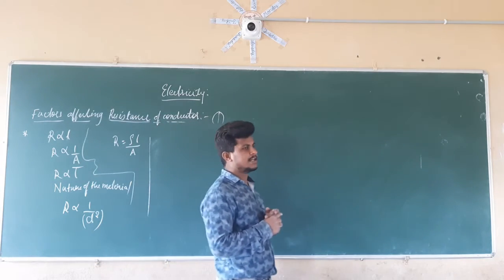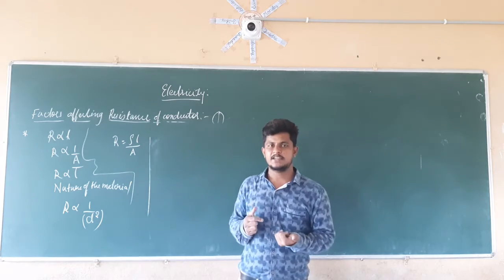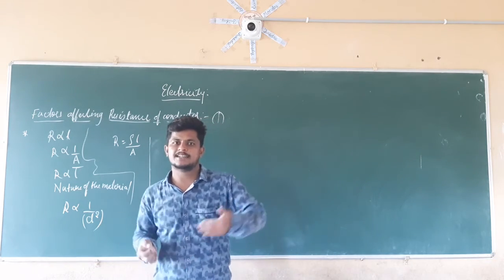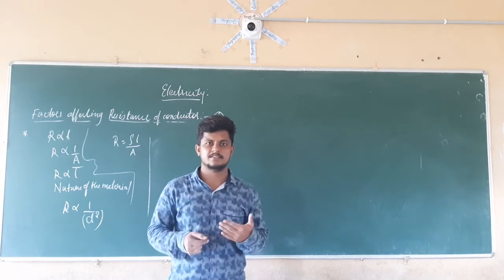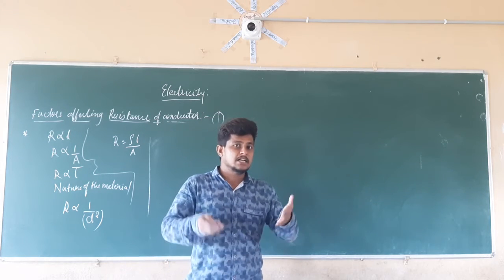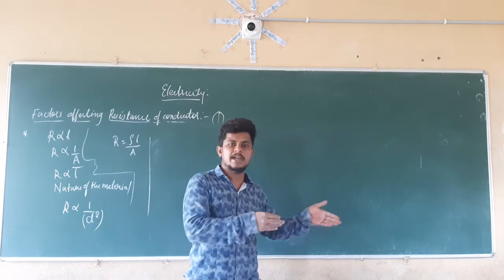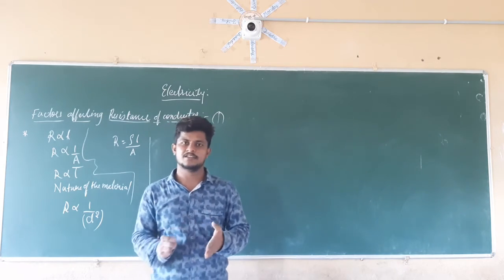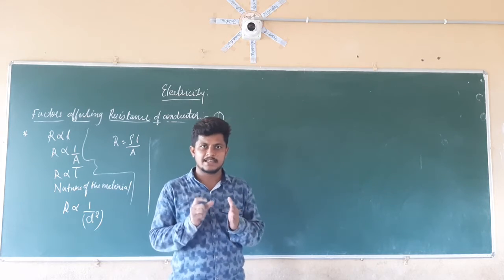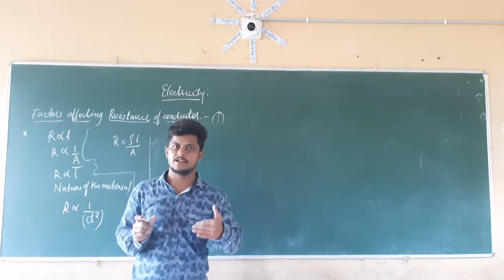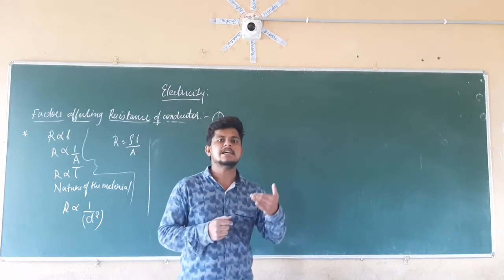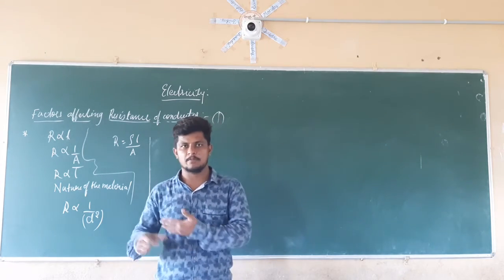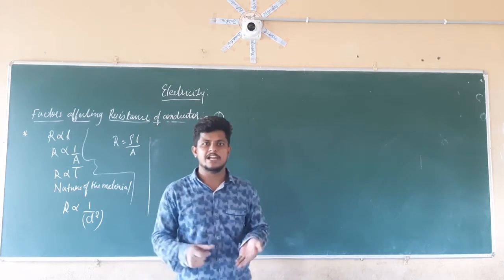And remember one thing again. The higher the resistivity, the less the current carrying capacity of that conductor. The less the resistivity, the more the current carrying capacity. So the current carrying capacity of the conductor depends on the resistivity. If you want to say whether it is a good conductor or a bad conductor, we have to check the value of the resistivity.